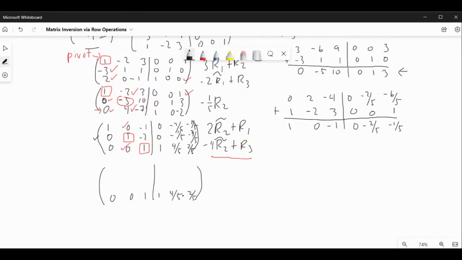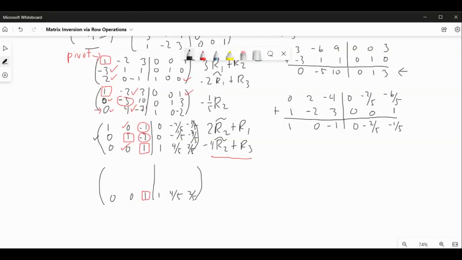And this element here, being the pivot element, would tell us that we have to turn this element, the -1 and the -2, both equal to 0.